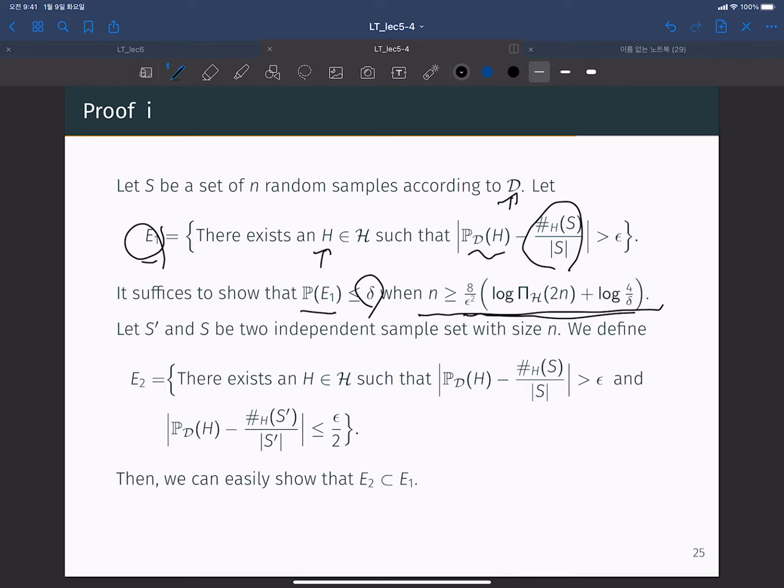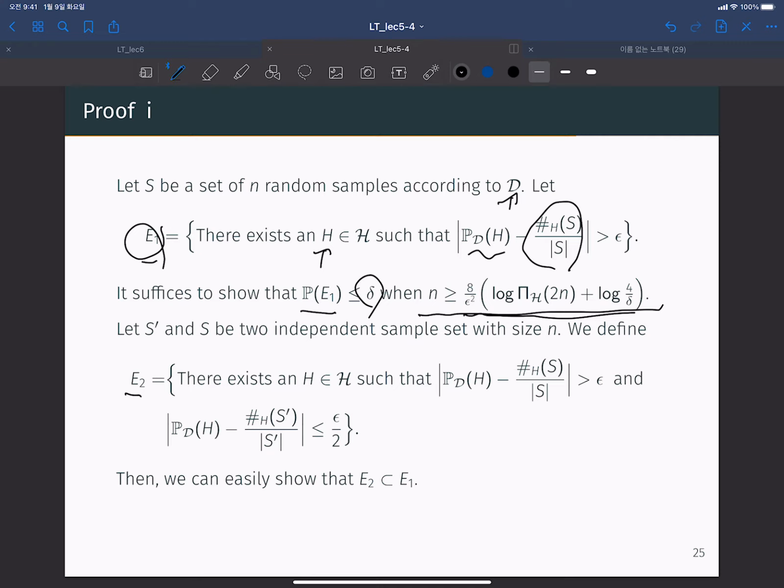So let S prime and S be two independent sample sets of size n. And we define E2, another event. Like before, this is the double sampling technique.